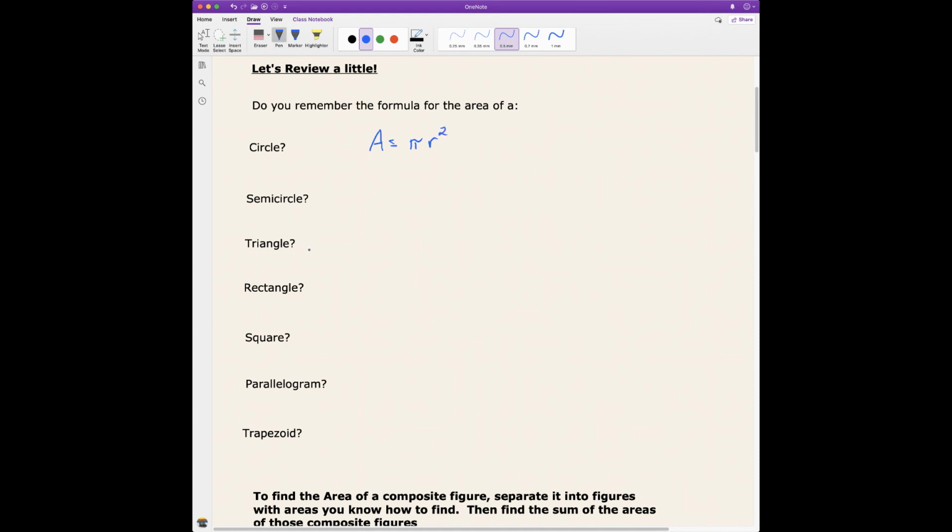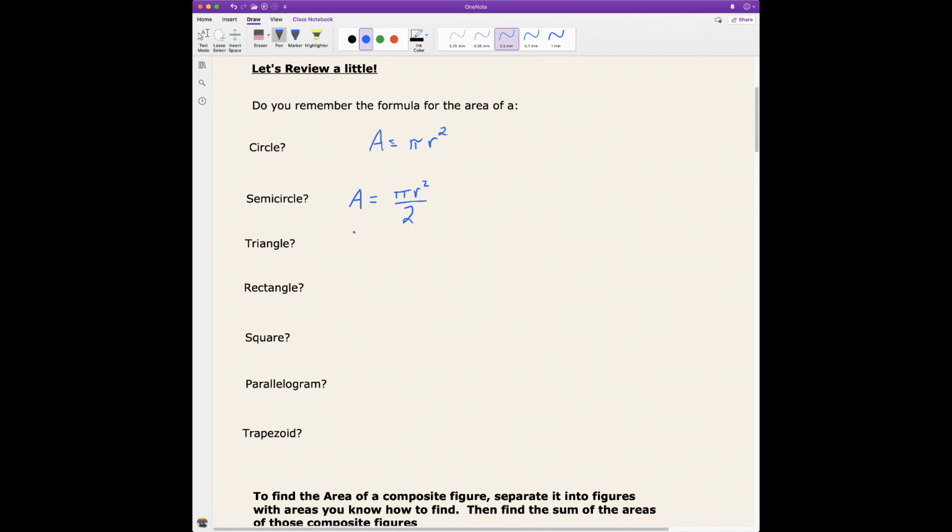Do you remember the formula for the area of a semicircle? That formula is the area equals pi times the radius squared, all divided by 2.